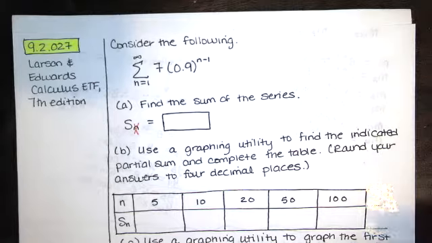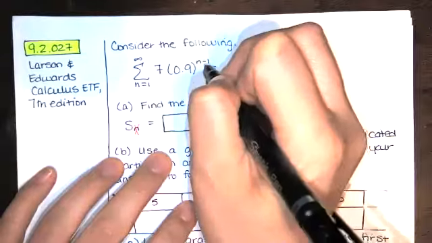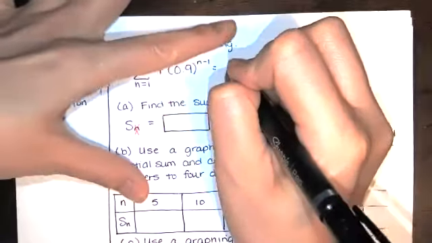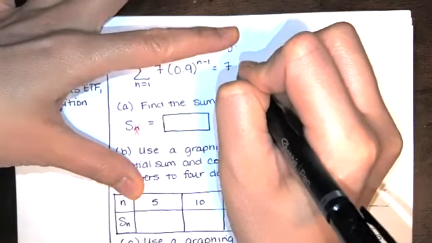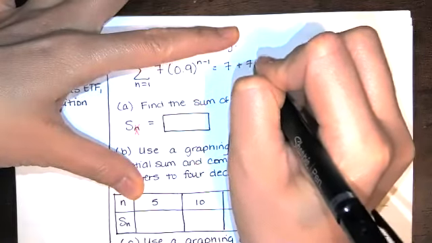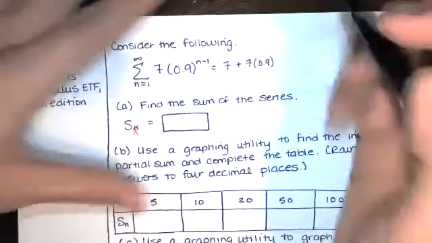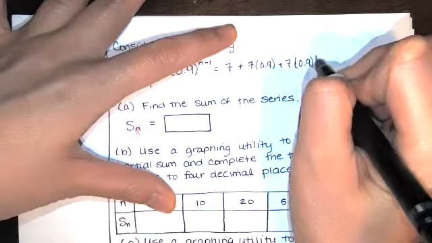Now, if I expand this geometric series, when n equals 1, that's my first term. This is 7 times 0.9 raised to the 0th power, which is 1, plus 7 times 0.9 when n equals 2. That's going to be to the first, plus 7 times 0.9 squared.